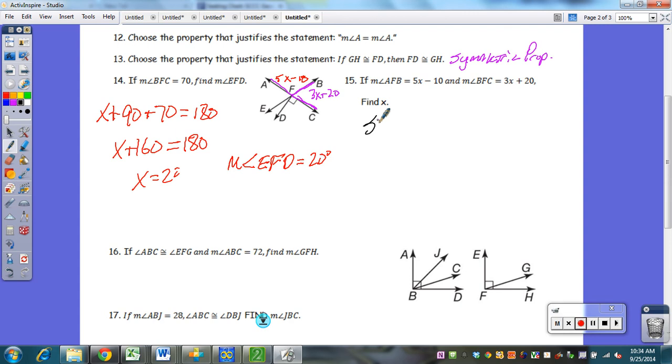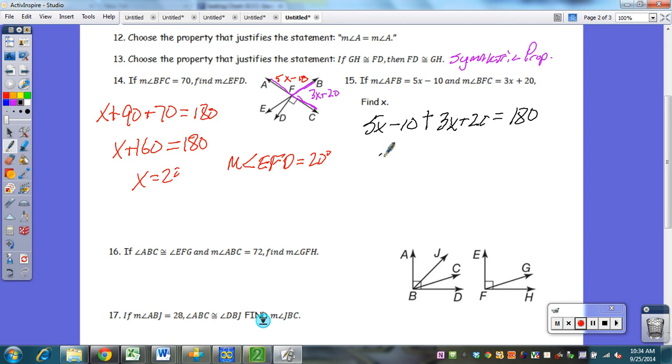So I get 5x minus 10 plus 3x plus 20 will equal 180 degrees. And we just solve for x.